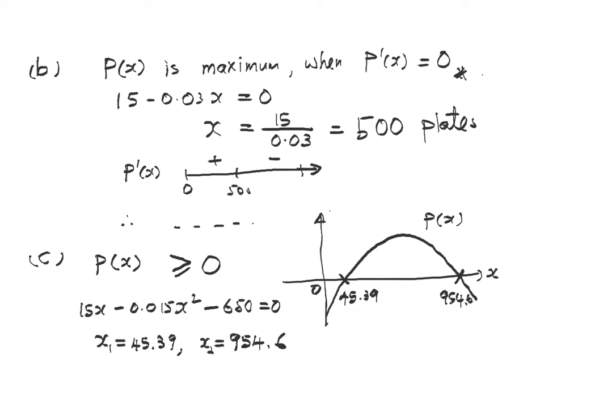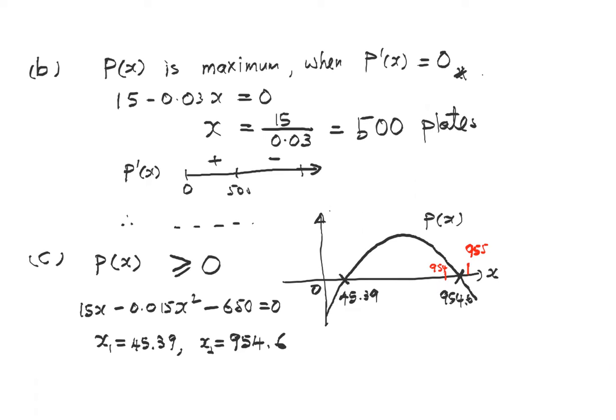Look, here is your 955. Here is your 954. So for the upper, should you round up or round down? Round down. Why? If you round up, the profit will be negative. Correct? So you cannot round accordingly.